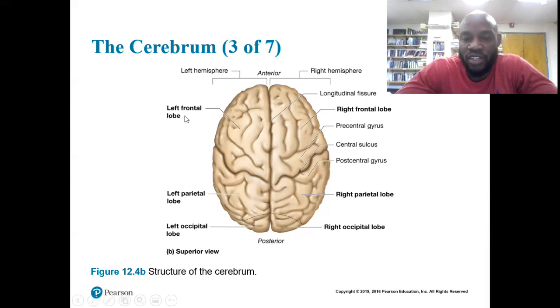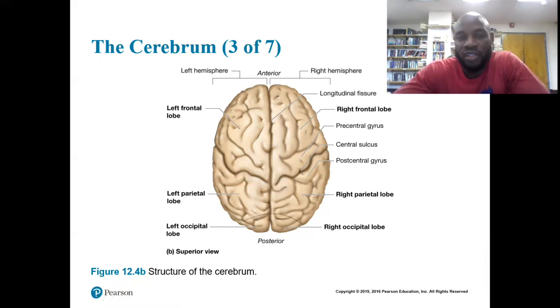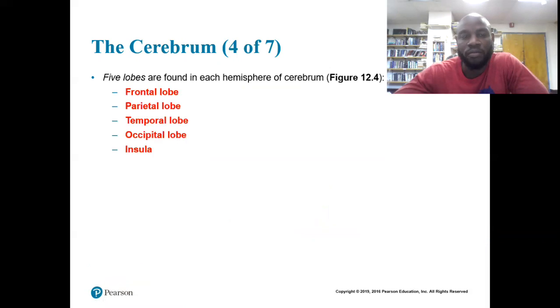They are in conjunction with the gyri to form this wave-like structure. And you'll notice the lobes. We haven't gotten into that yet, but we divide the brain into lobes. So you'll see the frontal lobe, the parietal, the occipital. We're going to show you the different lobes of the brain coming up.